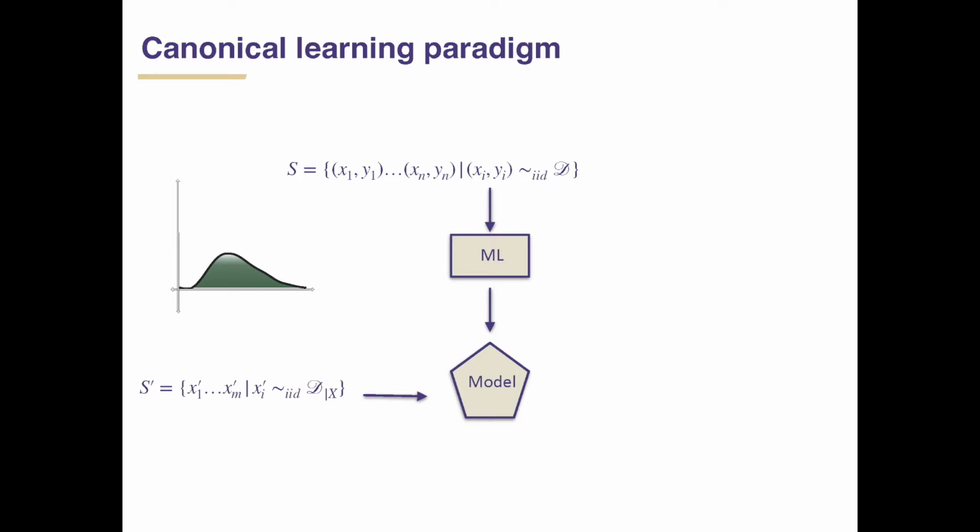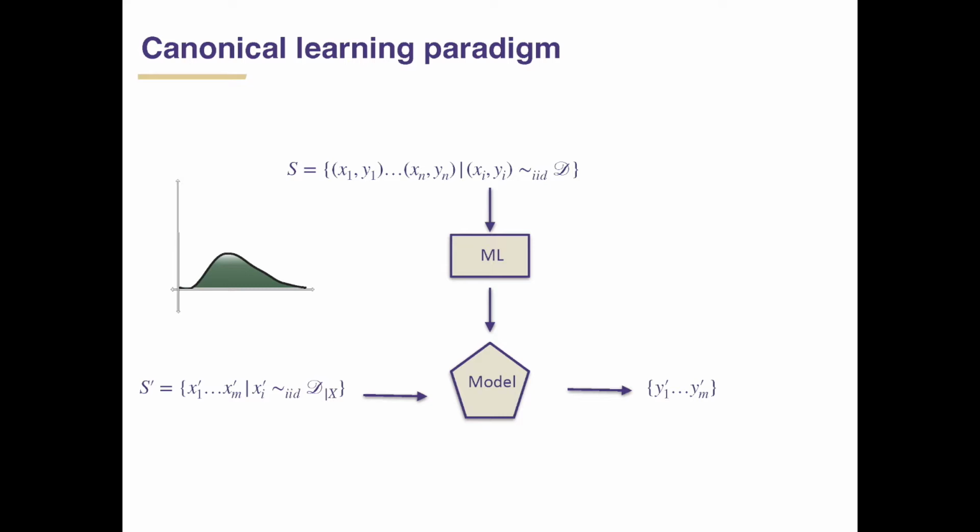And the hope is that once we have this model, we can take some unlabeled data, which is still drawn IID from the same distribution, maybe without labels, and use that model to make predictions of labels for that data drawn IID from this new distribution. And the hope is that this is going to work well, right?